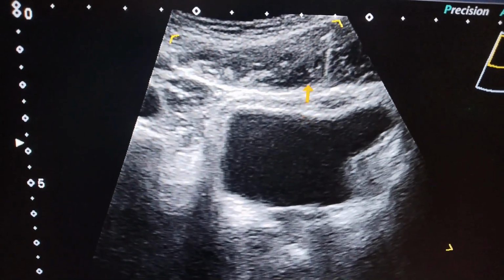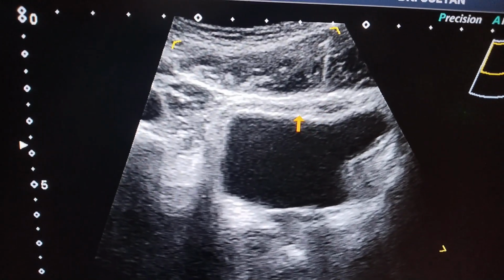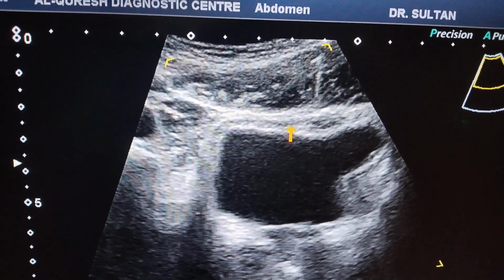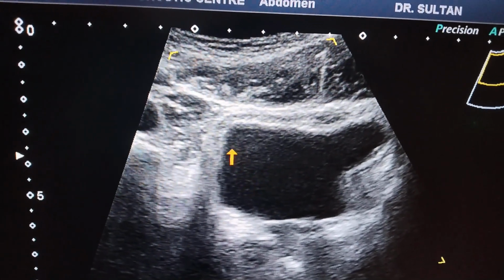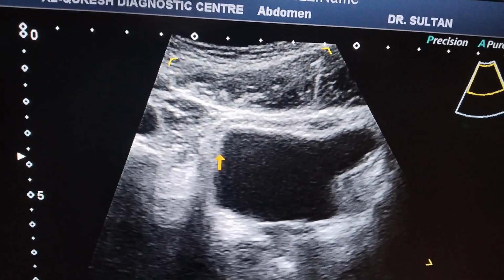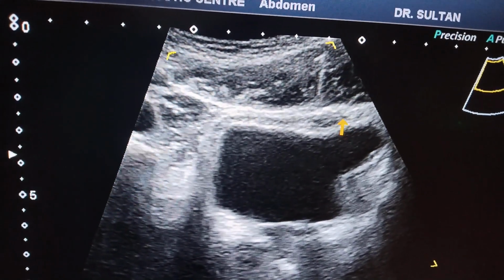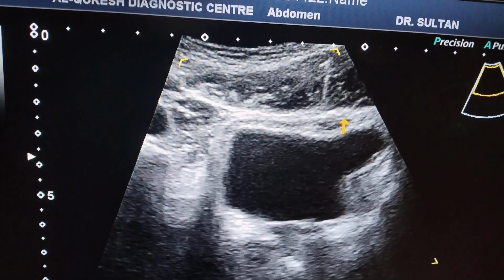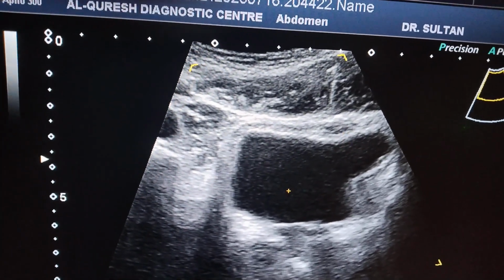Look here, the wall of the urinary bladder is now thicker than when it was adequately filled. All around, the wall seems to be thicker than when it was adequately filled. So I can measure it.